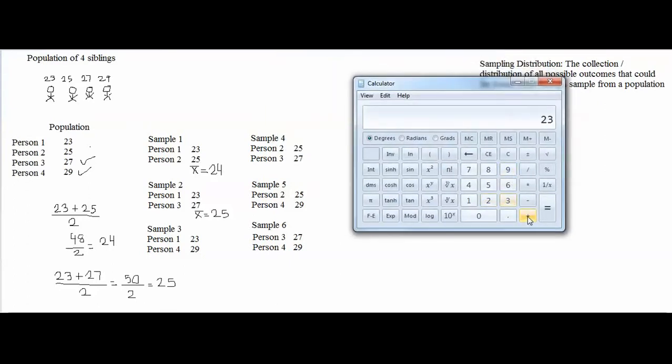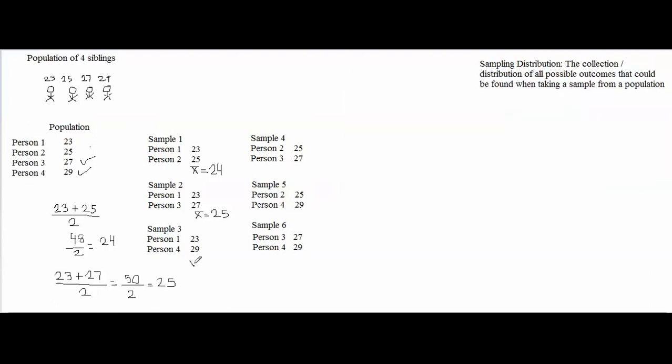Let's just use the calculator this time, because they're all calculated the same way. The mean of sample 3 is 26. Now let's find the means of the other 3 samples. This one will end up being 26.